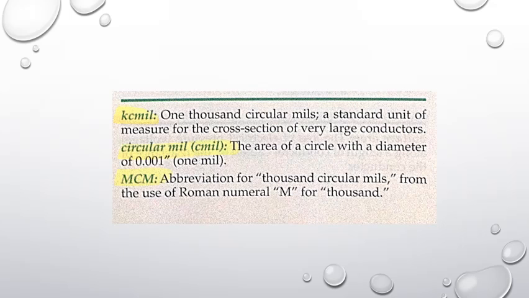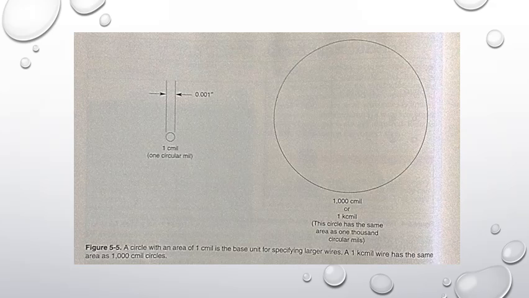Selecting the proper wire size is important because it affects voltage drop and ampacity. Voltage drop along the wires may reduce the performance of the electrical equipment. Voltage drop.